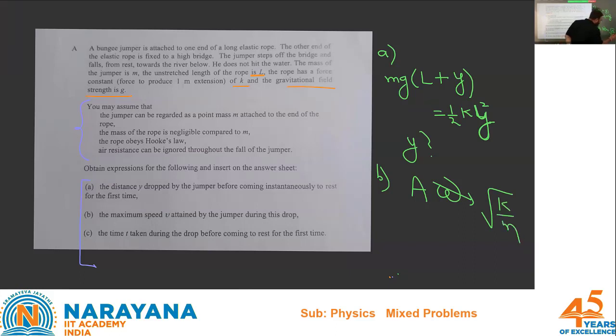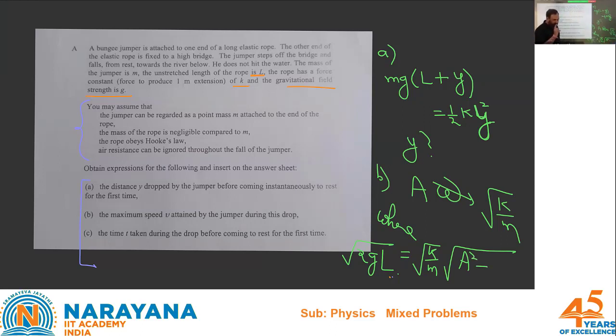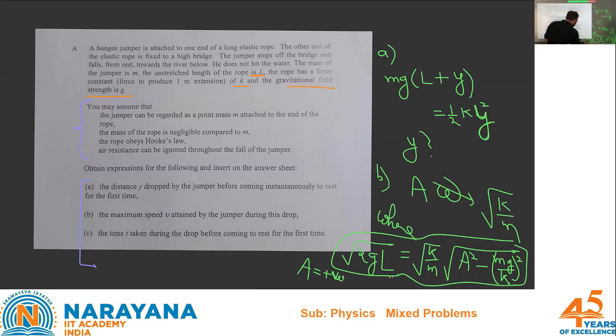Now, my only concern is the value of A. The velocity, root of 2gL, which you get while you have dropped L, should be equal to omega, which is root k by m, into root of amplitude square minus the distance from the mean position, which is mg by k, the whole square. Just check this equation and solve it, and look for the positive root here.